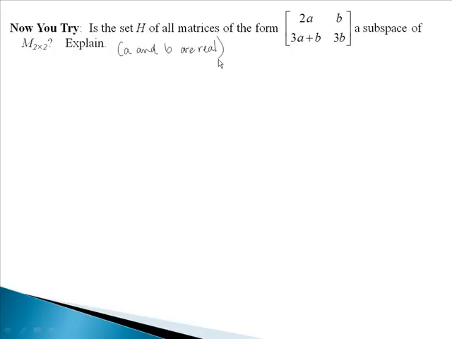So what you need to do is either show that we can write this set H as a linear combination of two vectors that are in M sub 2 by 2, and so apply theorem 1, or show that one of the three axioms from the definition of a subspace doesn't hold. Work on this and we'll talk about it in class.